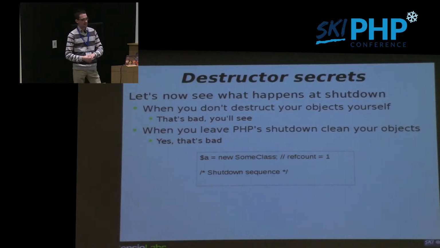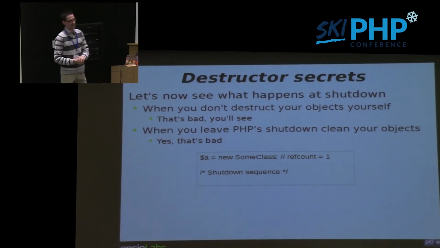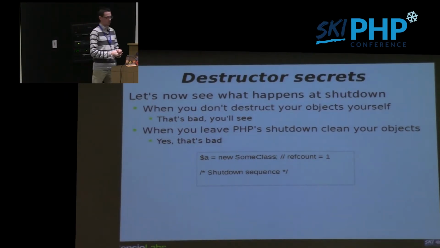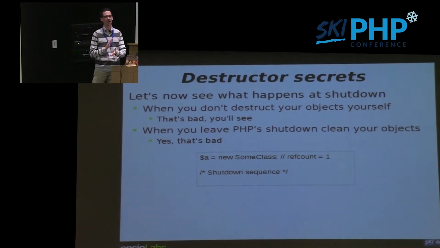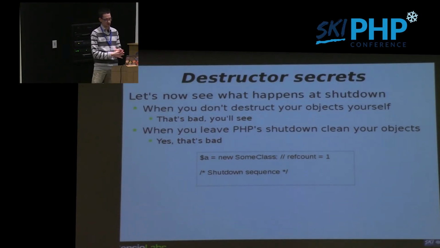So let's now see what happens at shutdown. Shutdown is when you don't care about destructing your own objects, and you say, okay, anyway, PHP will free the resources for me. And you will see that PHP will do this in such a way that that's bad.